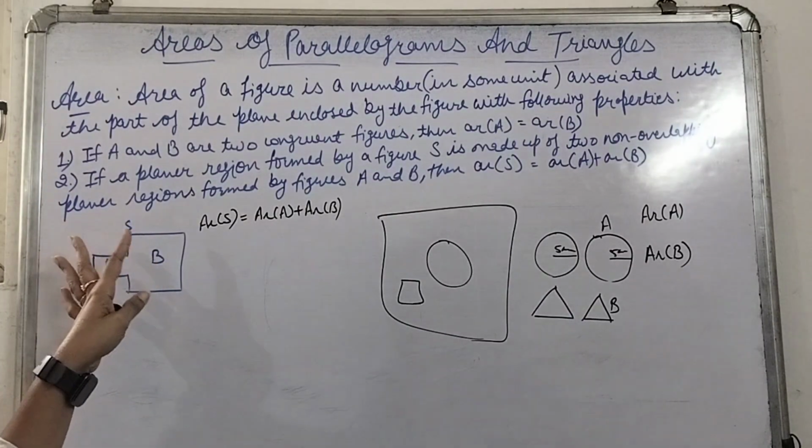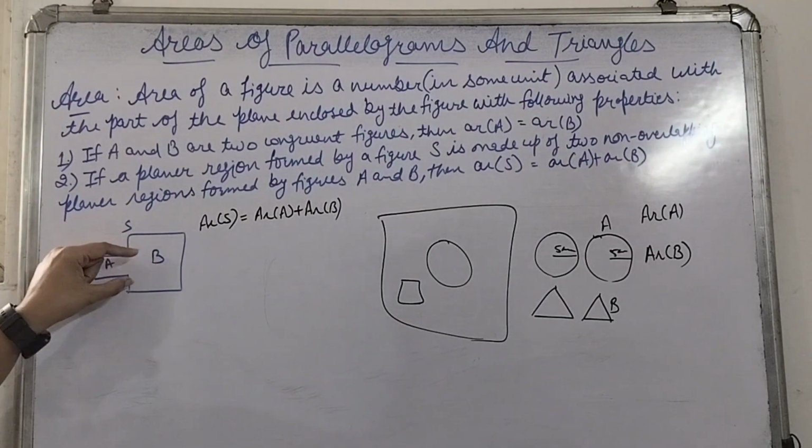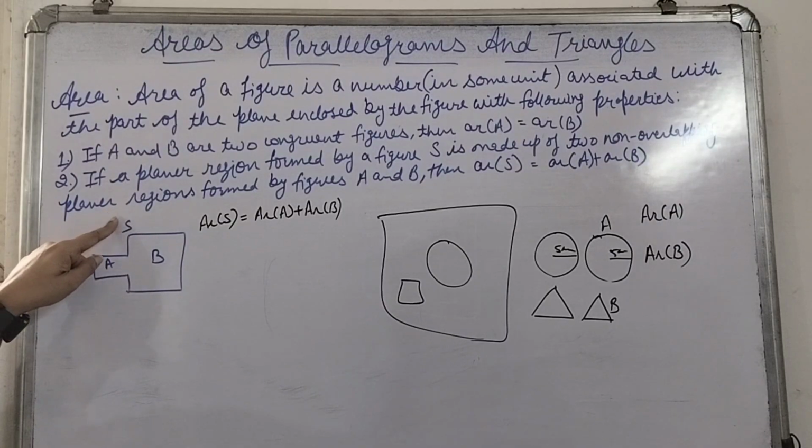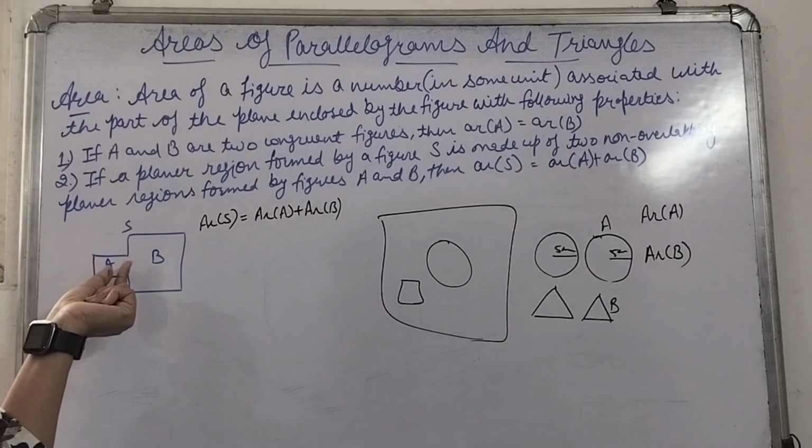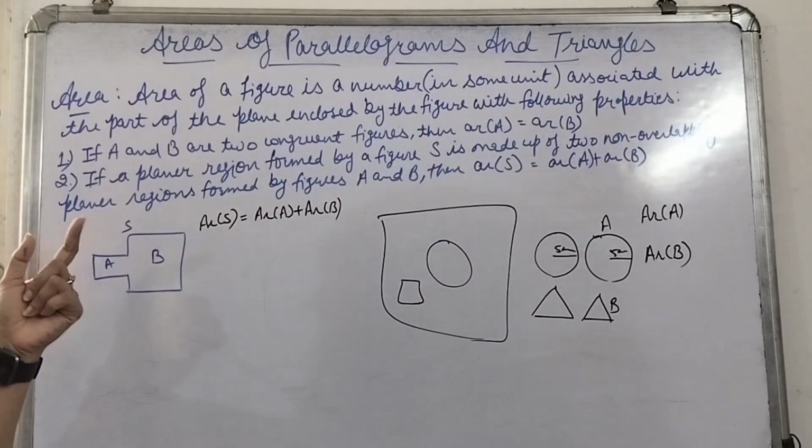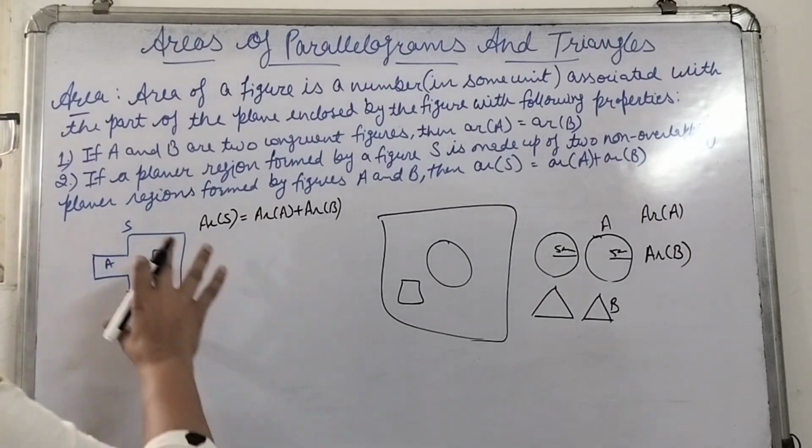If these two figures are non-overlapping, then the combination of these two, that is S, has an area of S equal to area of A plus area of B. This is how we can represent the area of this figure.